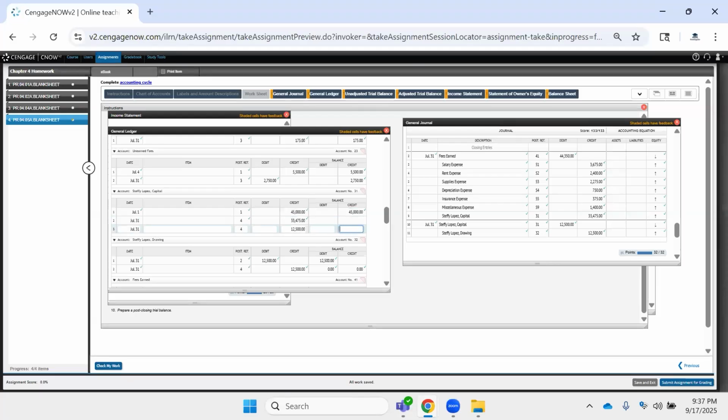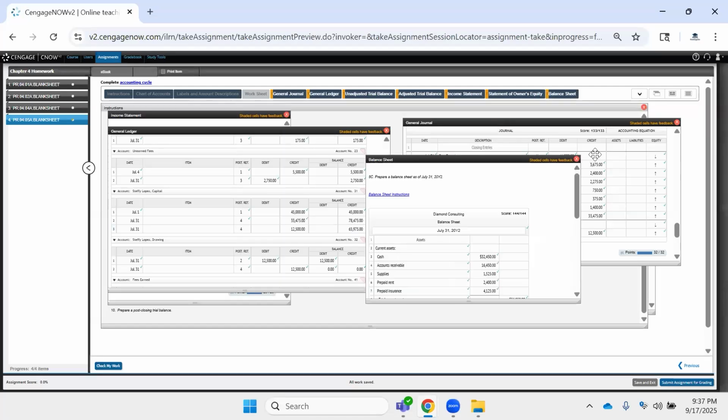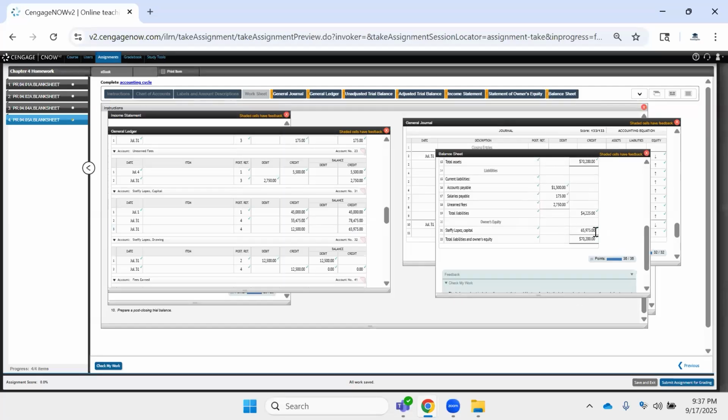And then our running balance for our Steffi Lopez capital balance, which was 78,475, and then 65,975. And as you can see, that matches our balance sheet, 65,975.